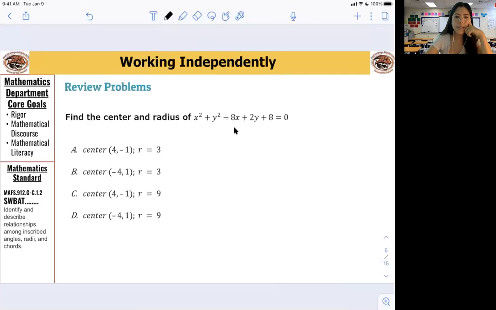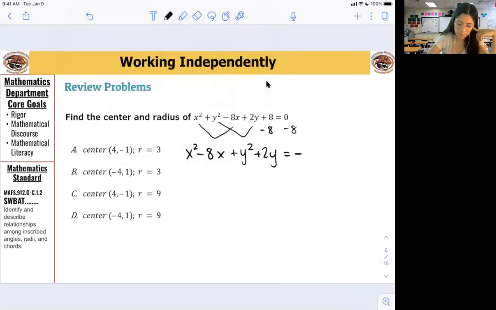I want to turn this into standard form. You have to combine the x's and the y's. Well, not combine, but put them together. Good, bring them all together. So x squared minus 8x comes together. And then I've got y squared plus 2y, bring that together. And what do I do to that 8? Bring it to the other side.